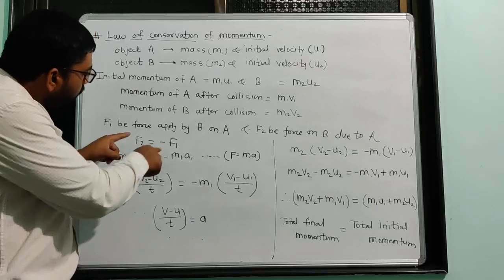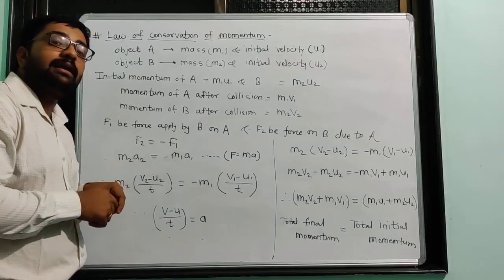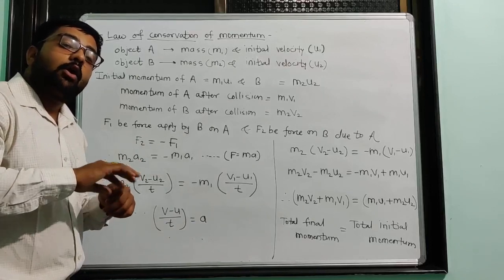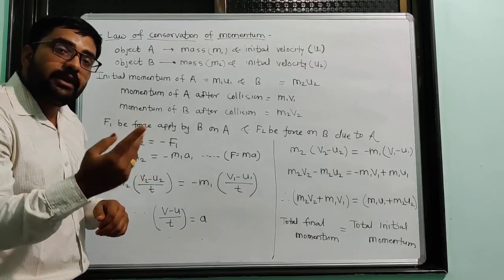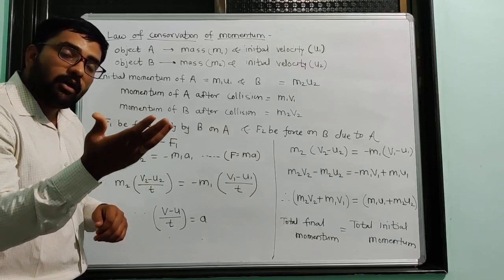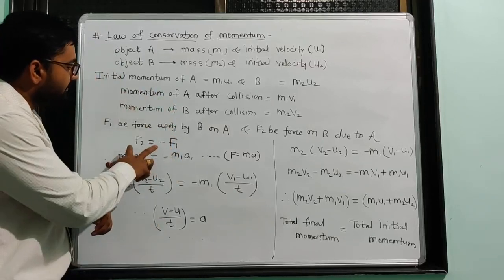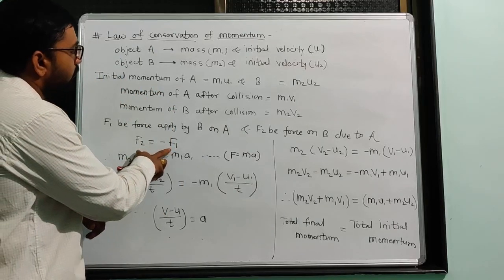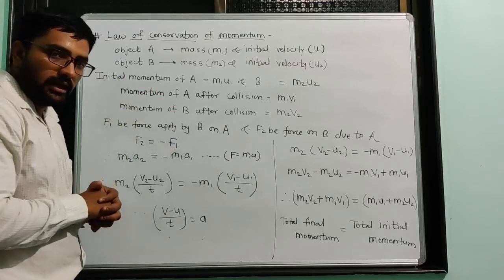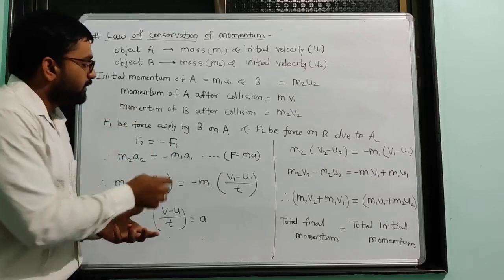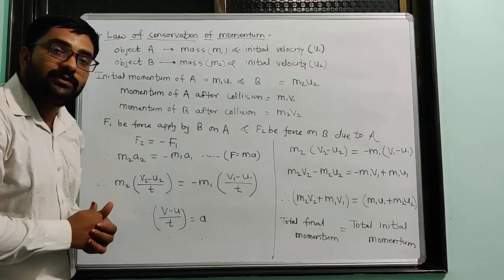But we know these forces are equal and opposite. Whatever the force applied on object B will be equal to the force applied by B on A. So we can say F2 will be equal to F1. Because both forces are equal but opposite, that is why we give a negative sign here.